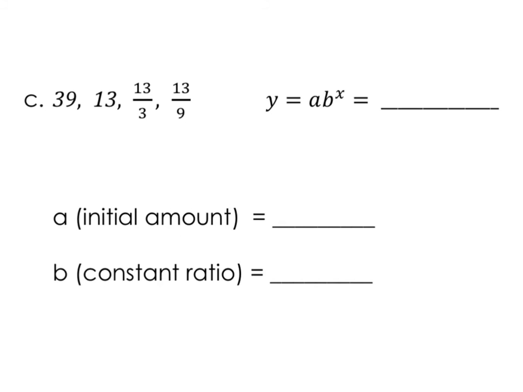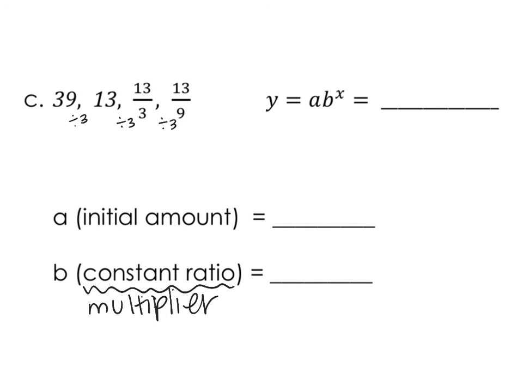All right, next one, it looks like we're going from 39 to 13 to 13 over 3, which is going down. So it looks like we are dividing by 3. Now, we talked about that this down here is our multiplier. So we have to write what this is multiplying by. And we just said that it was dividing by 3.